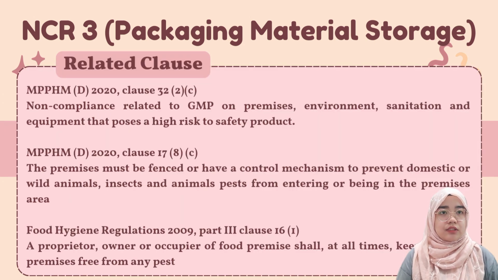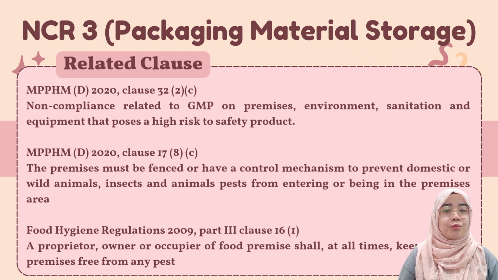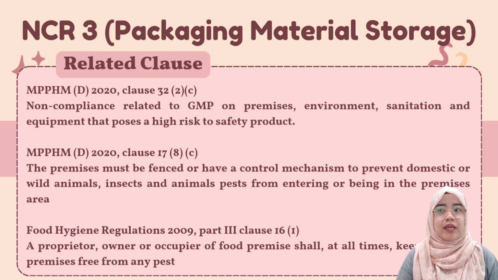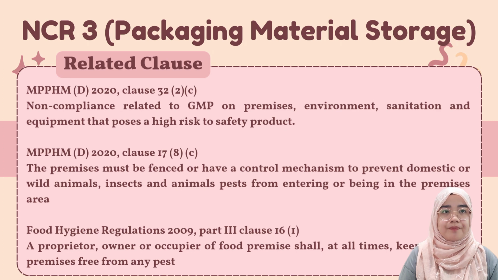The related clauses for this NCR: first is MPPHM Domestic 2020 Clause 32 2C, which states that the non-compliance is related to the GMP on premise, environment, sanitation and equipment that pose a high risk to safety product. It also relates with MPPHM Domestic 2020 Clause 17.8C, which states that the premise must be fenced or have a control mechanism to prevent domestic or wild animals, insects and animal pests from entering the premise area.